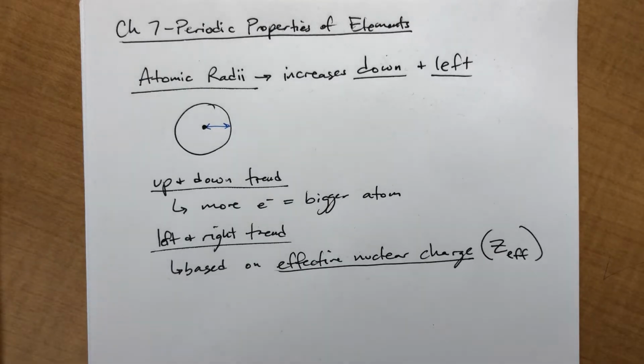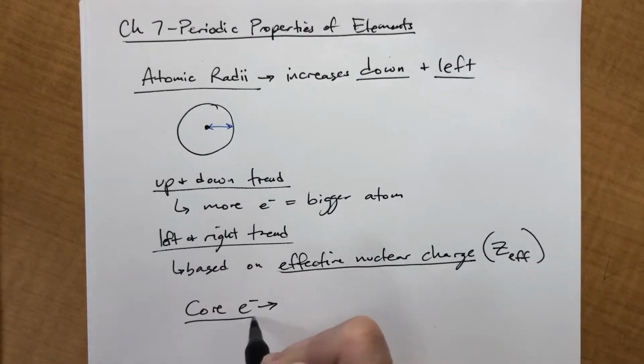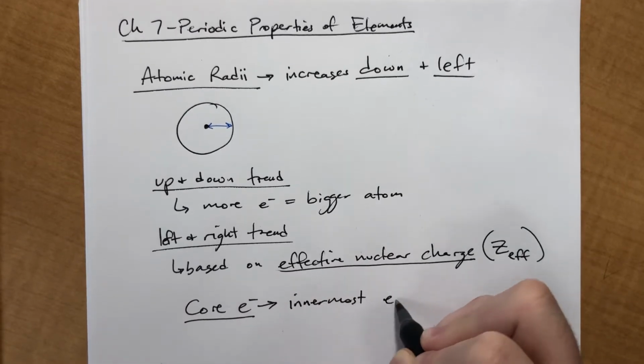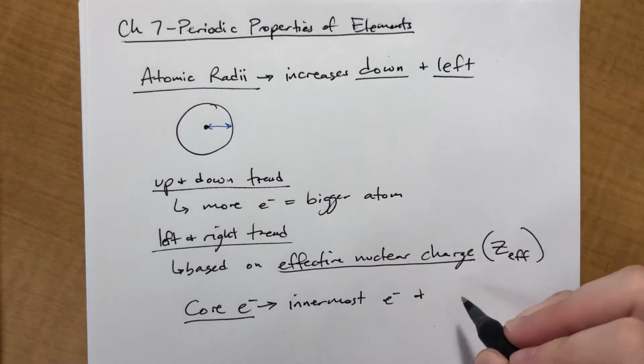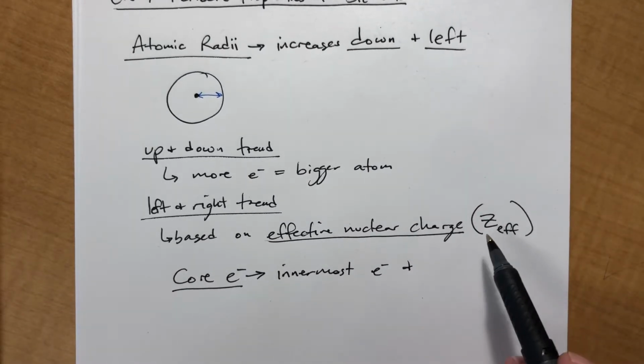So the idea is in atoms there are valence electrons and core electrons. Core electrons are the innermost electrons. And they end up shielding the outermost electrons from the nucleus.